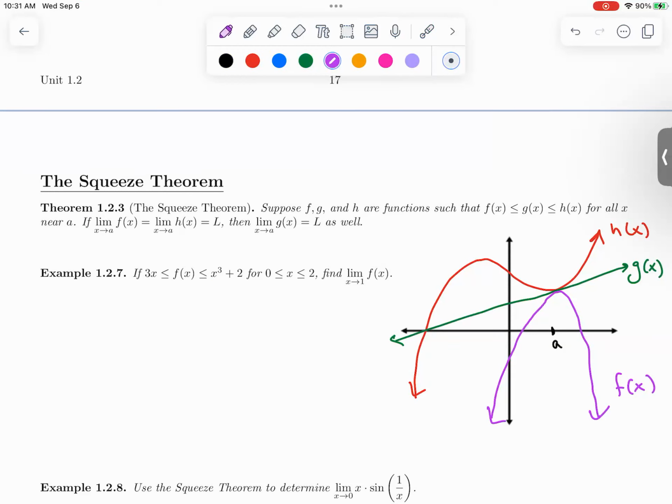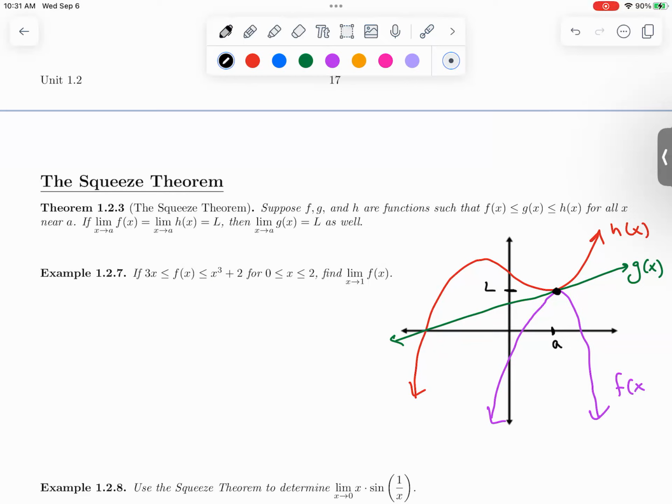When you look locally at this graph, oh, and then here's the value L right here, by the way, where that point is. When you look at it zoomed in, because it's sandwiched in between them, there's no other option for it to be. It has to be the same value.